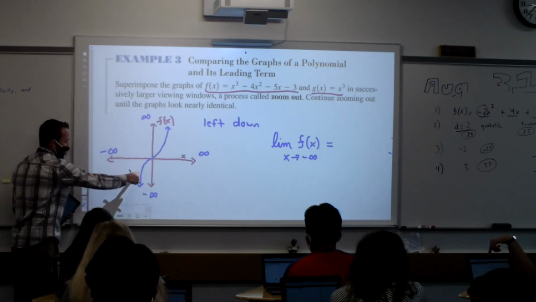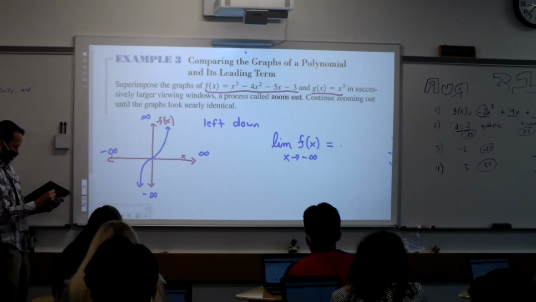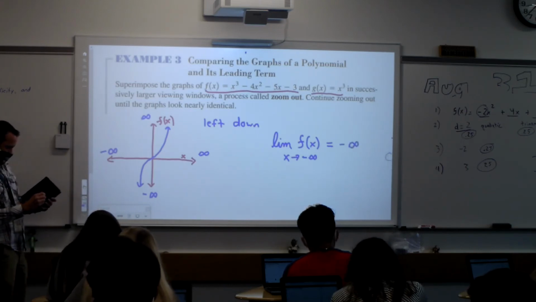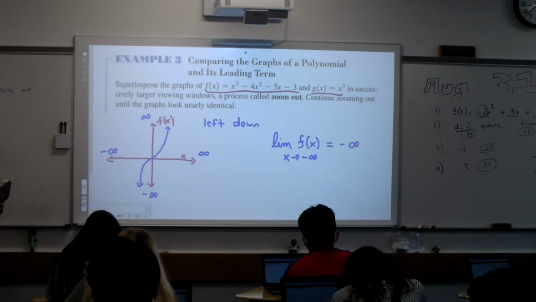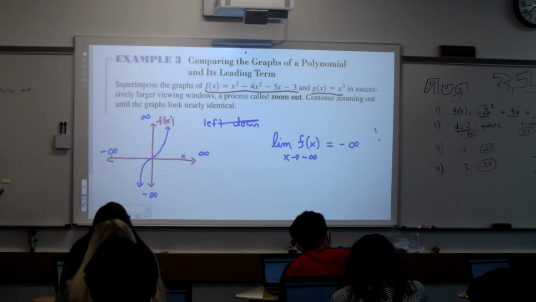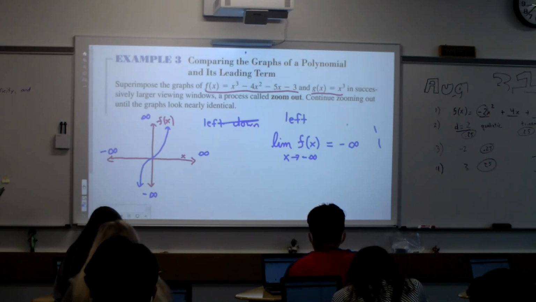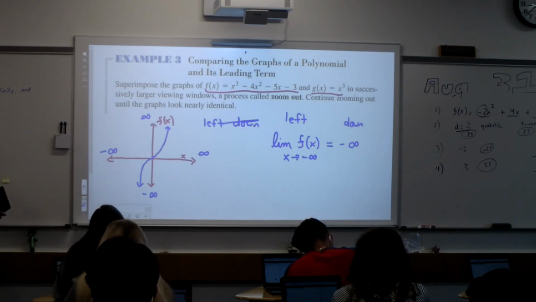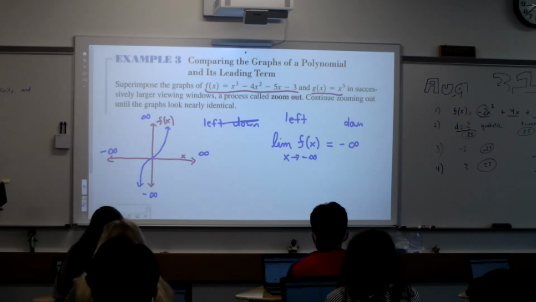You guys would say it's going down, which means we're approaching negative infinity. So this is just a fancy way of saying on the left side our graph is going down. Instead, we're going to say the limit of our function as x approaches negative infinity is negative infinity.